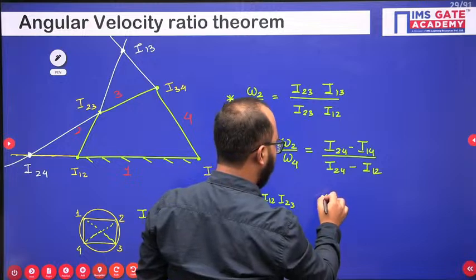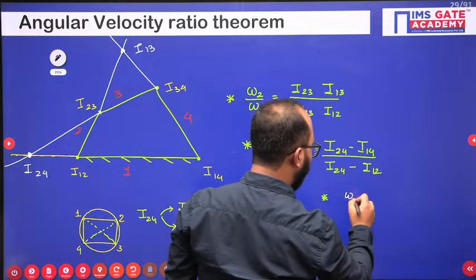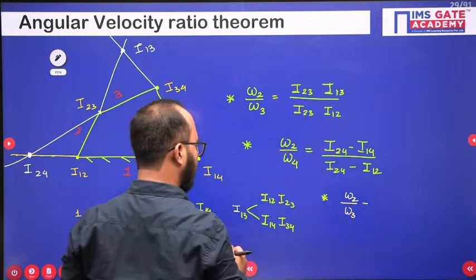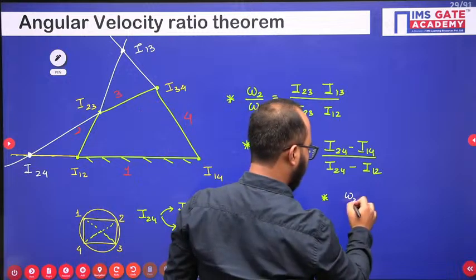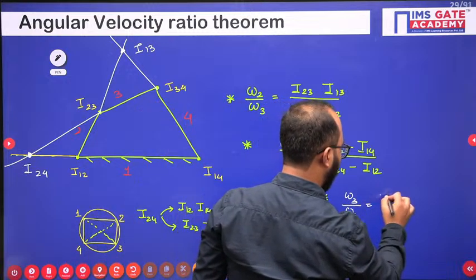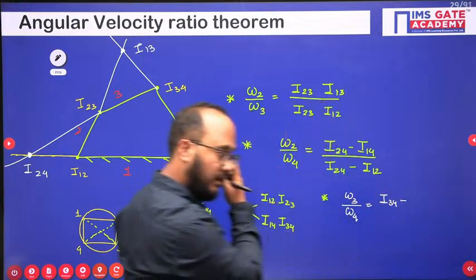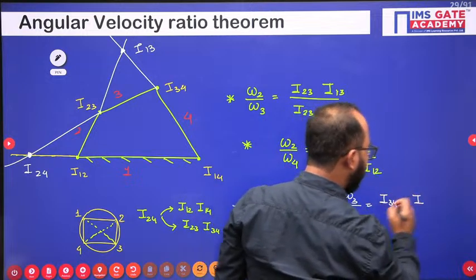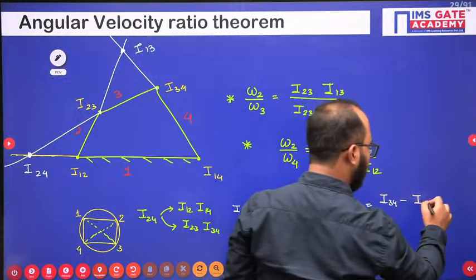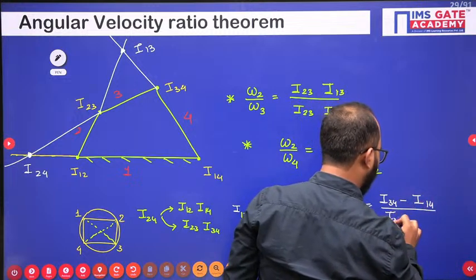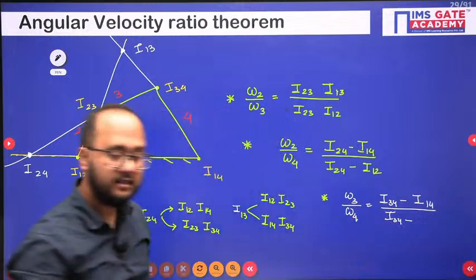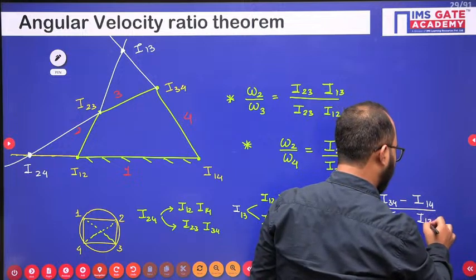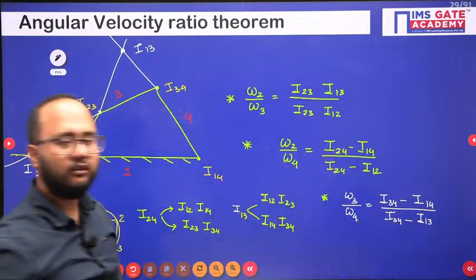Similarly, for omega 3 by omega 4, the common I-center is I34. The distance of the common I-center from the I-center of the link in the denominator with respect to fixed is I14, and the distance from the I-center of the link in the numerator, 3, with respect to fixed is I13. So that is the way of writing the angular velocity ratio theorem.